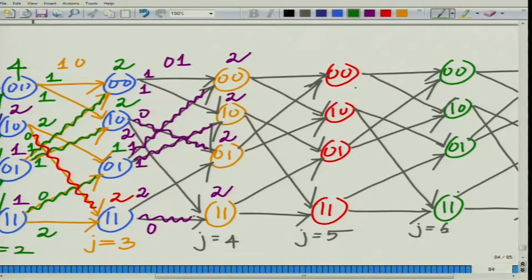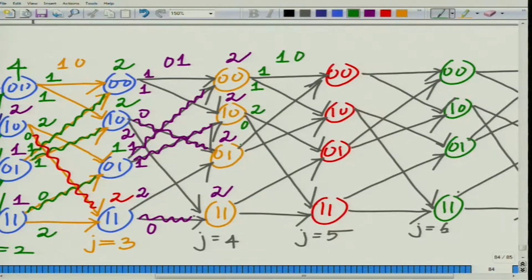Now look at state j equal to 5. The minimum distance to 0 0 will be either, so the branch metric, now the corresponding received word is again, so after 0 0 this is 1 0. The branch metric will be again 1 1 1 1 and 0 1, so top branch will be 2, bottom branch will be 0.